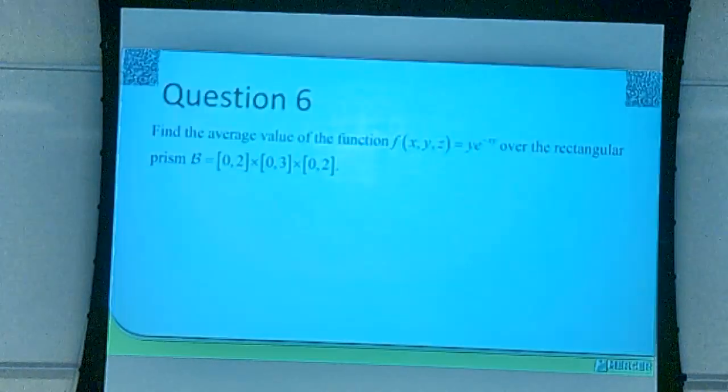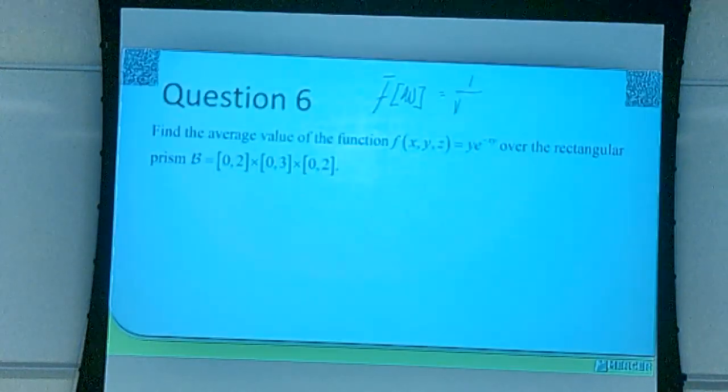Or not a box, it's a prism. Box is square. Average value.